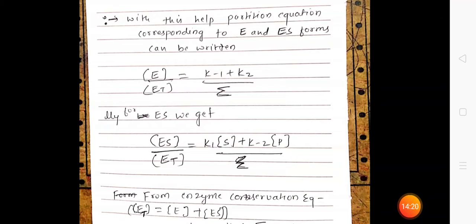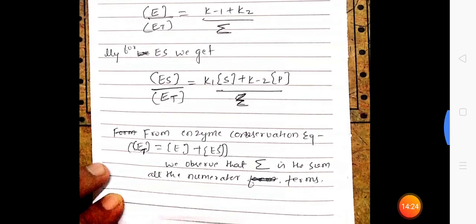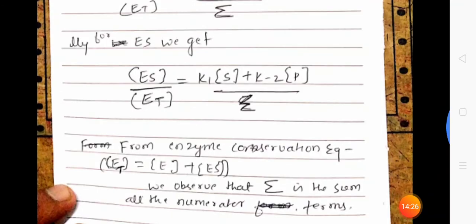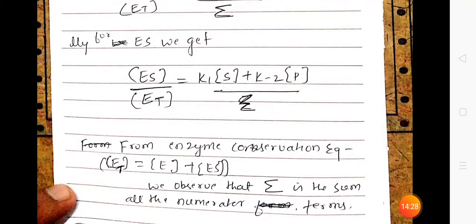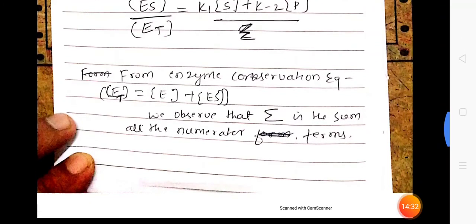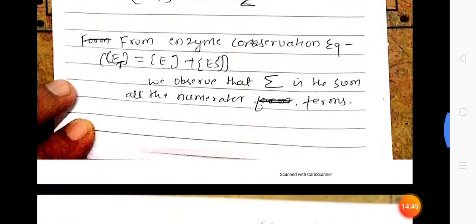Similarly for enzyme substrate, enzyme substrate concentration divided by total enzyme concentration is equal to k1 into substrate plus k minus 2 into product, over the sum of all the numerators and denominators. And from the enzyme conservation equation, the total enzyme concentration is equal to enzyme concentration plus enzyme substrate concentration, and we observe the sum of all the numerator forms, mainly in this figure.